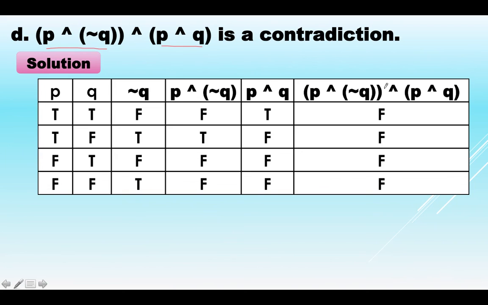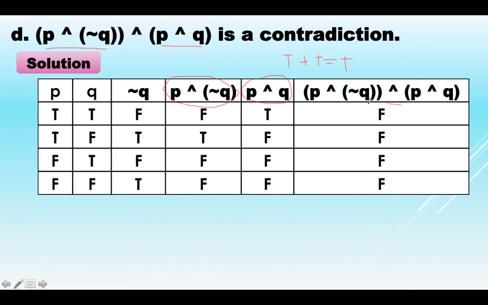And last is conjunction. So we will compare this and this one using conjunction. Again, conjunction is true plus true equals true, and the rest are false. So hindi na pwede maging true yung mga yon. So this one, FT, so false yan, TF, false, and lalo na itong dalawa. So false, false.